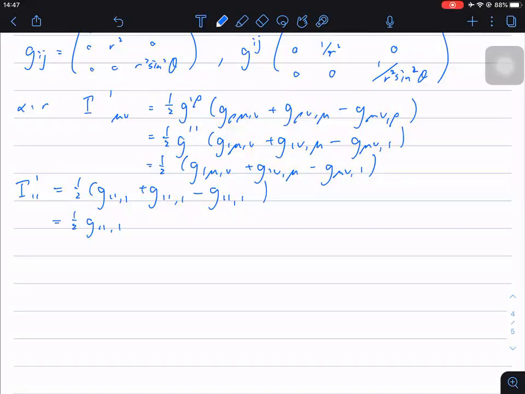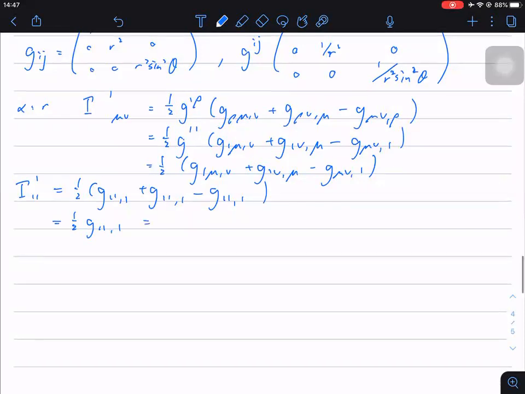But since G11 is 1, taking the partial derivative with respect to R is 0, so we have 0 for that term. Similarly, for the 1, 2 term, again we copy everything in here. G12 is off diagonal, so it's 0. Again, G11 is constant, so this term is also 0.